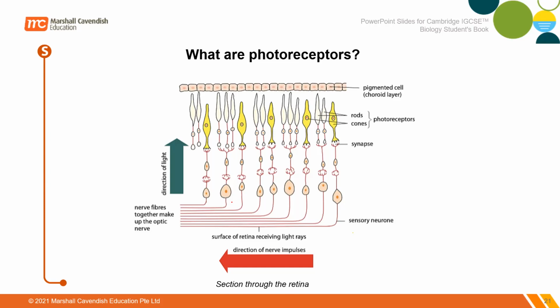Cones for detecting color change. So we have rods and cones in the retina, and both have different functions. Rods to detect different light intensity, different wavelength of the lights, and cones to detect some color wavelength, so it will detect up to millions of colors.